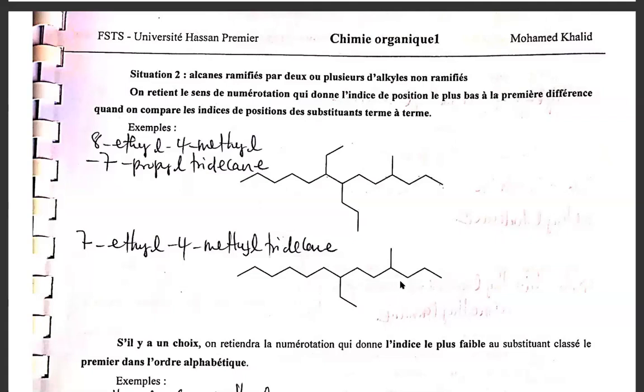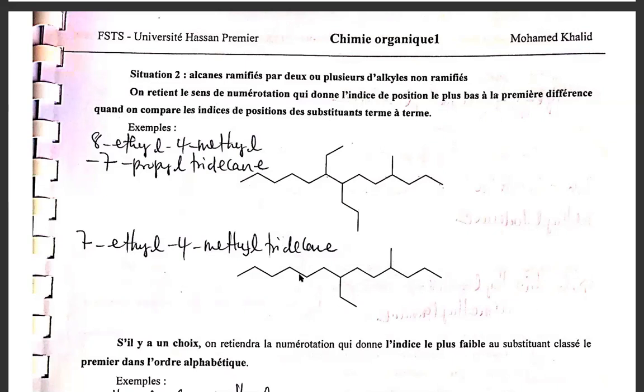No matter what, we count either from this side or from this side, but just by looking, you know that this one will carry the lowest index possible. We can confirm: 1, 2, 3, 4, and 1, 2, 3, 4, 5, 6, 7. The question is between 7 and 4, which one is the lowest index? It is definitely 4. So it's going to be 4-methyl and 7-ethyl.